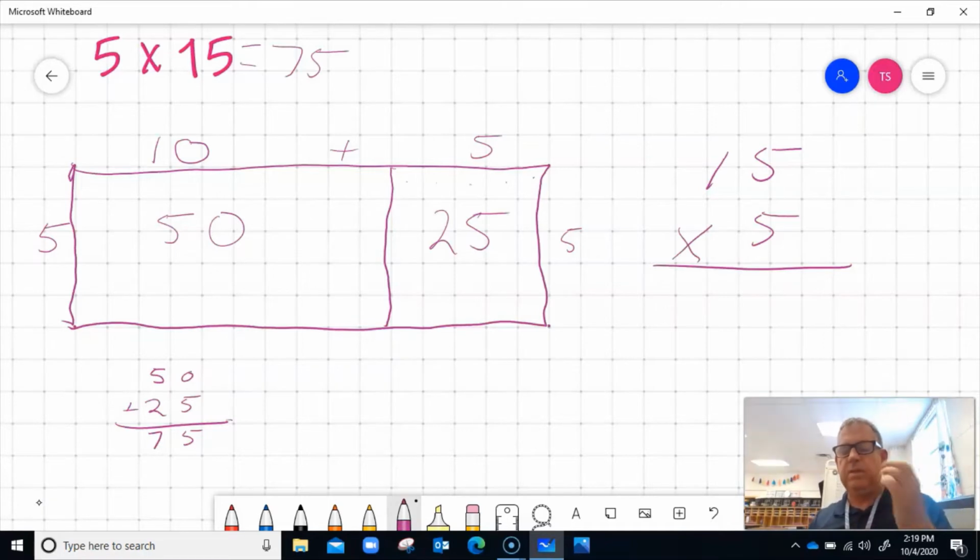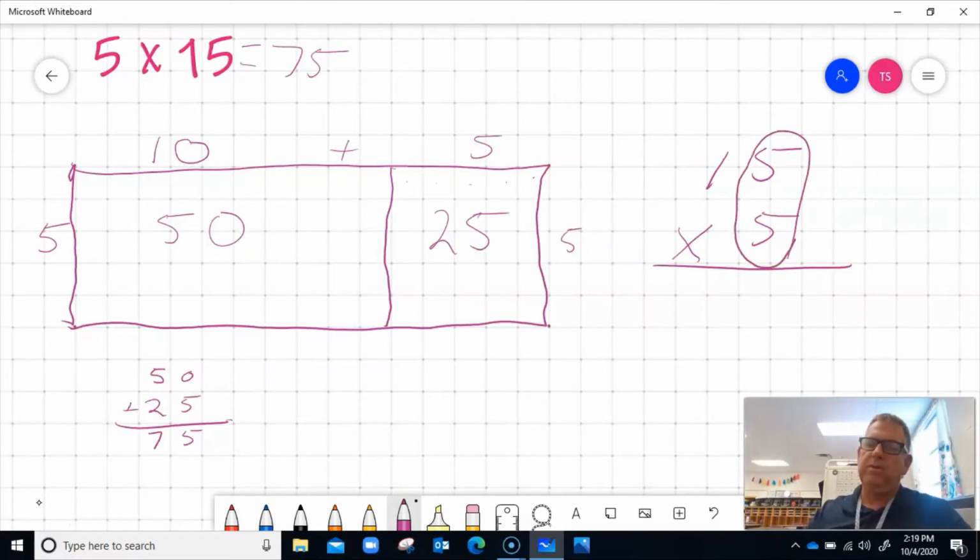And a few years back, when I started teaching 3rd grade, I asked my students, we call it the standard algorithm, but they came up with a Hart method, and I'll show you why. So the first thing we're going to do is multiply the ones place by the ones place. So 5 times 5, we said earlier, is 25.